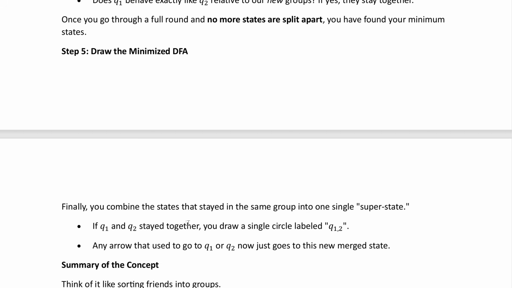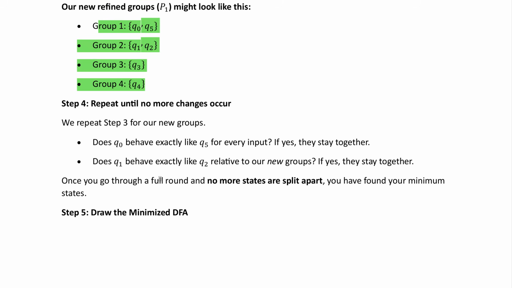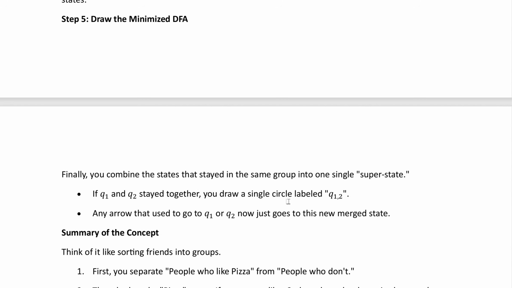Draw the minimized DFA. Finally, you combine the states that stayed in the same group into one single super state. For example, Q1 and Q2 stayed together, so we consider them as a single state, Q1,Q2, because they are lying in the same group.